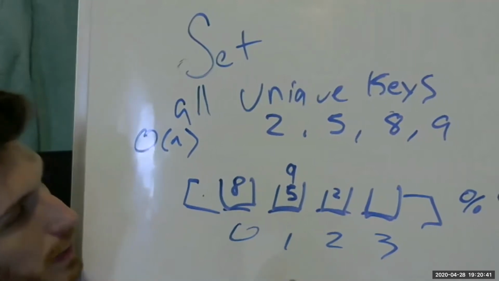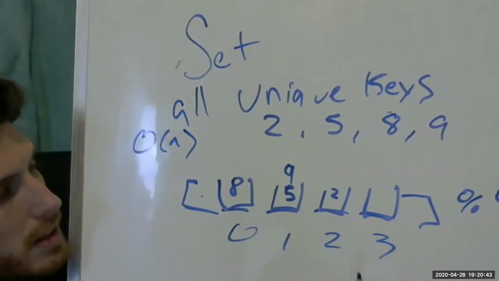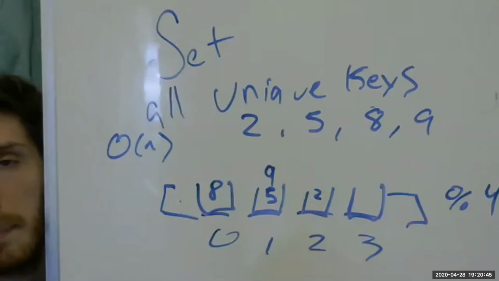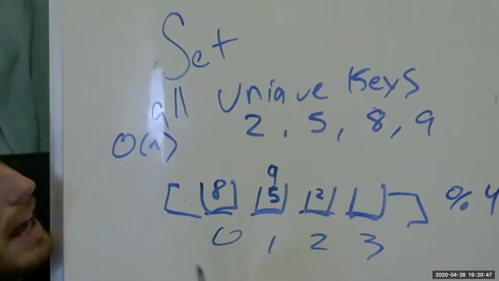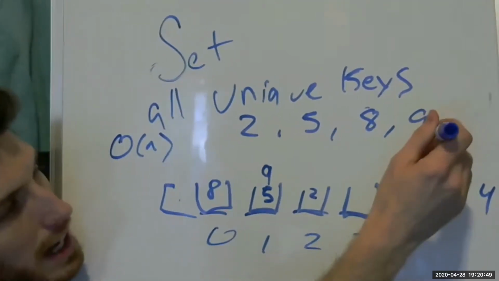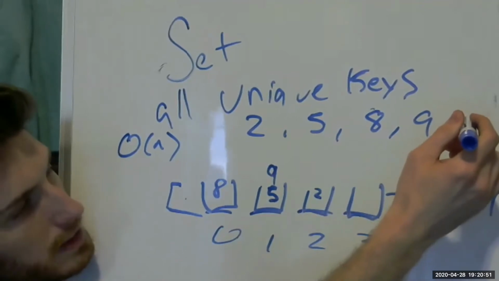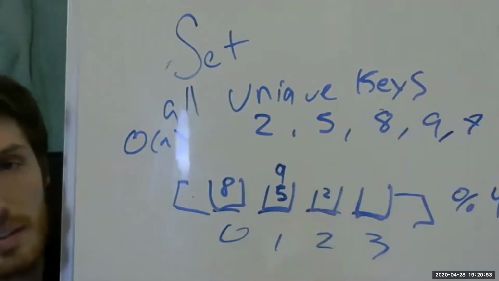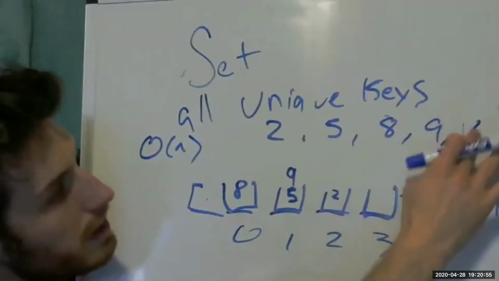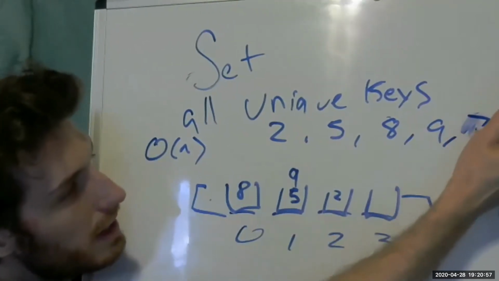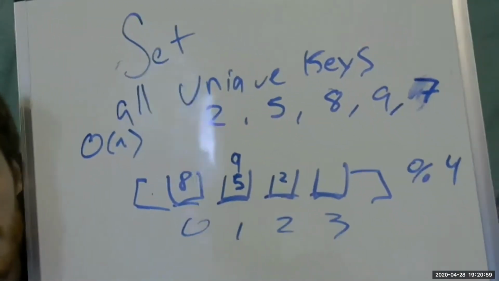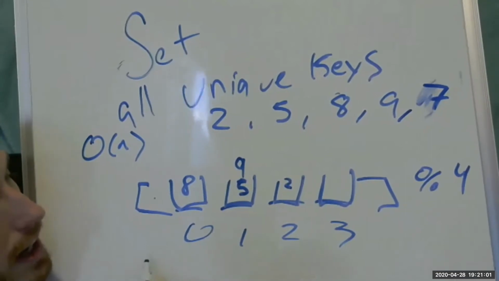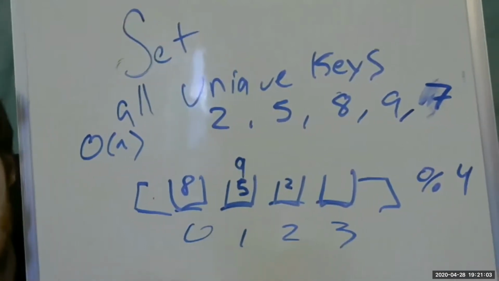Let's say we have 4 buckets, so we can hold 4 things in these buckets. But now let's say I also want to add a 7. So I have to resize.